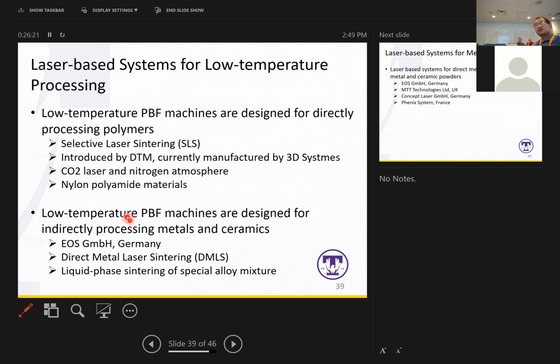And some low temperature powder bed fusion machines are designed for indirect processing of metal and ceramic, like direct metal laser sintering, and also the one developed by Desktop Metal. Also some liquid phase sintering of special alloy mixtures. So you can see all the different variations for laser-based systems.